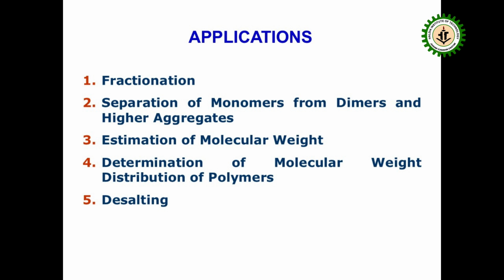Separation of monomers from dimers and higher aggregates, generally after polymerization of a polymer. Estimation of the molecular weight of the different species, in the case of protein, is very specific.